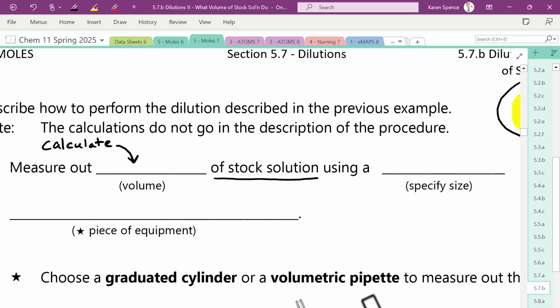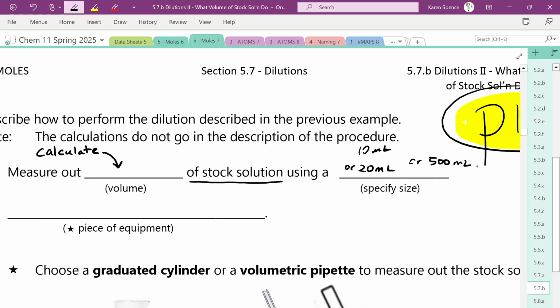And you're going to specify the size. If you need a 10 milliliter or a 20 milliliter or a 500 milliliter, whatever it is, that's how you would specify the size.